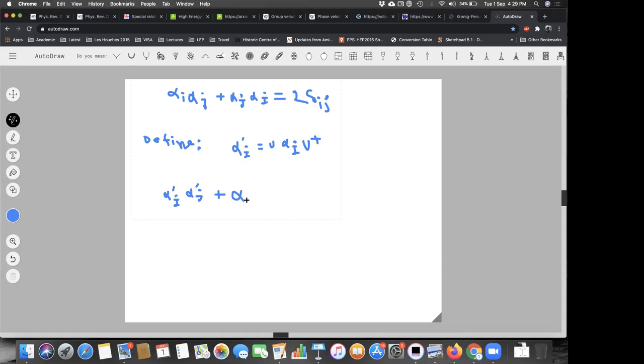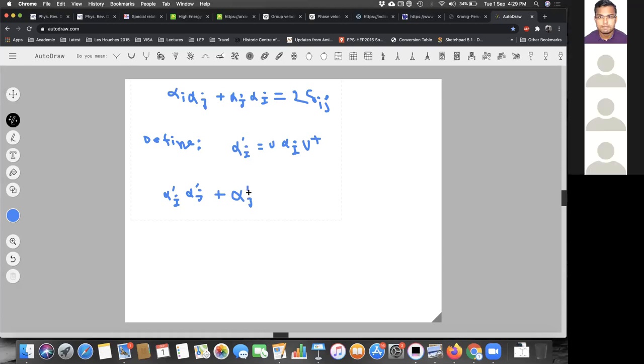I define my alpha i prime in this way, and if I try to check the anti-commutation relation in terms of these prime alphas, what is the anti-commutation relation I find? So what I have to do is just substitute the alpha primes in terms of this relation.